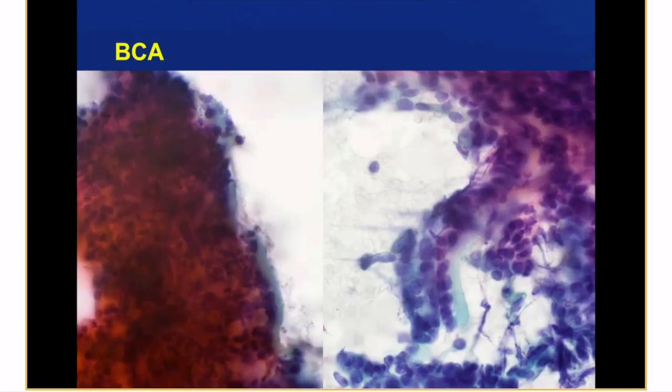And sometimes if you see peripheral palisading like this over here, and this hyaline matrix forming this ribbon peripherally, that's indicative it's not adenoid cystic carcinoma. You could be dealing with either basal cell adenoma or basal cell adenocarcinoma.